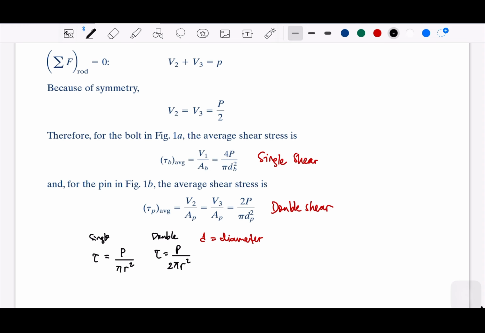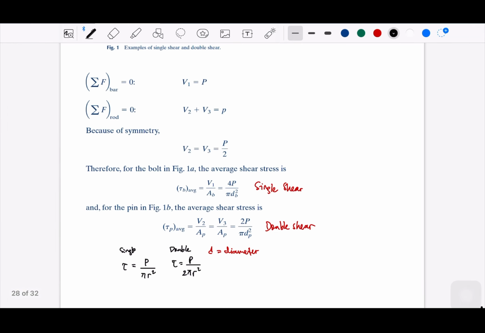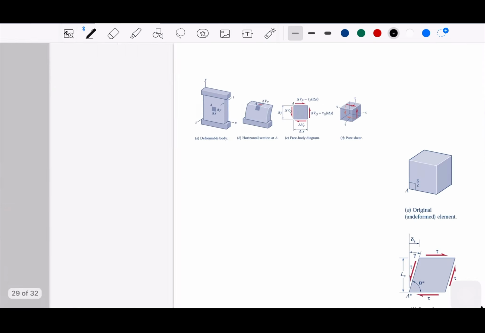Okay, now, this is all we talk about on the average of the shear. There are other terms which we call the pure shear. I will give it to you briefly, because this is not really that applicable in a calculation, but this is important in the definition.